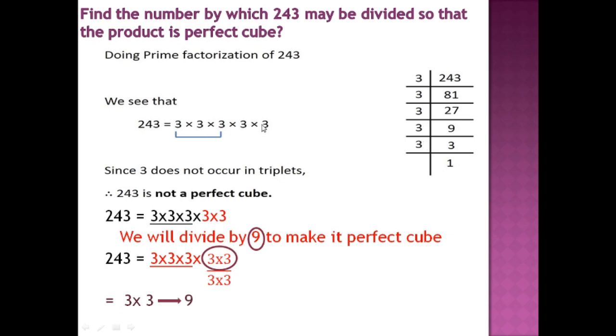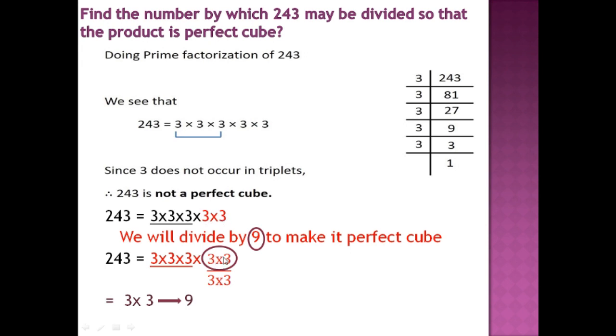Write all the prime factors here. You will see we have only one group of 3, but not here. So come here, let's see, only these two are left. If we want to make this number a perfect cube, what we will do? See here, 3 into 3.